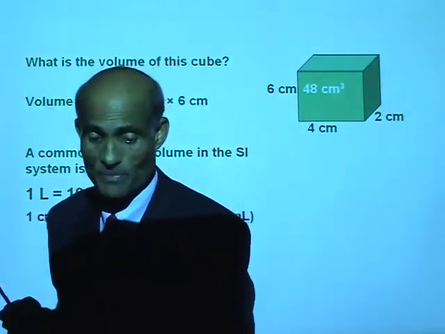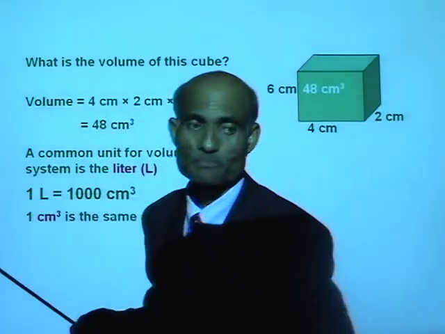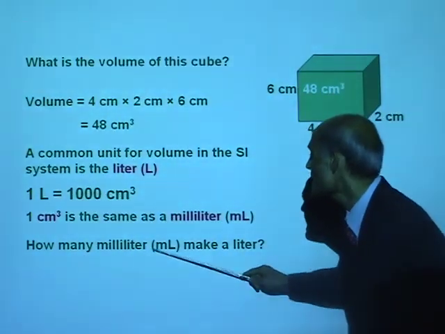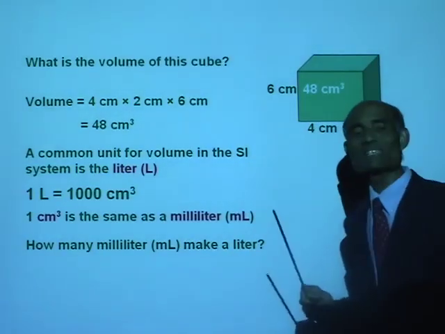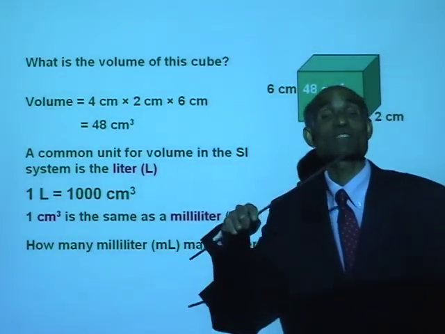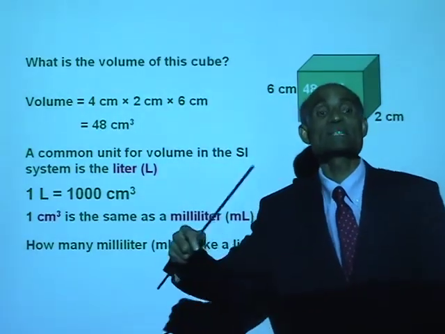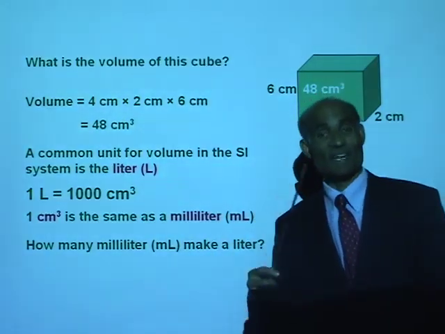They are the same. Okay. So tell me, how many milliliter make a liter? A milli is 1,000th. So, how many milliliter make a liter?